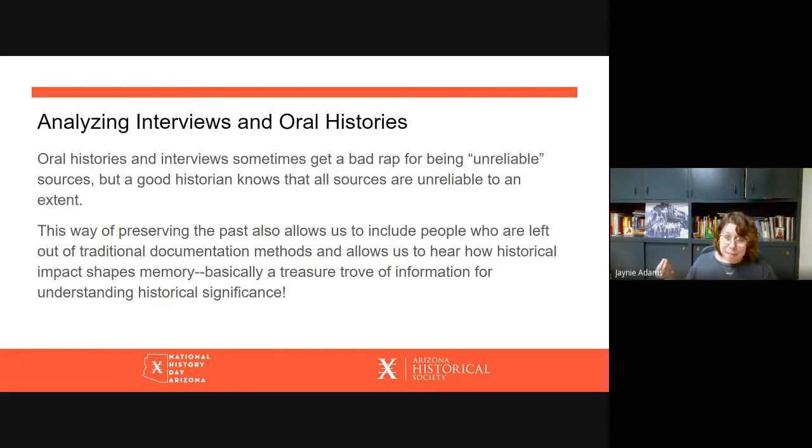And historical impact, how we understand the historical significance of an event, is related to the intersection of history and memory. So if you're looking for that intersection of history and memory, interviews and oral histories are one of the best ways to get to that material. So oral history and interviews are a treasure trove of information for understanding historical significance and how historical significance changes over time.